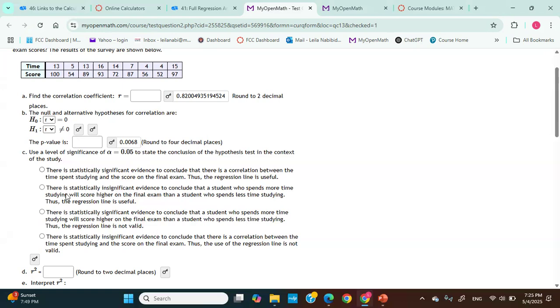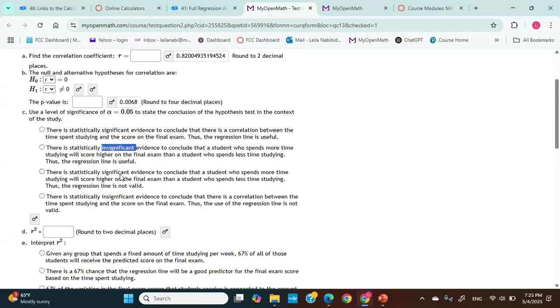So when you read this conclusion, the first one says there is statistically significant evidence to conclude that there is a correlation between the time spent studying and the score on the final exam. Thus, the regression line is useful. Yes, that makes sense. Number two, it says there is a statistically insignificant. Nope, doesn't make sense.